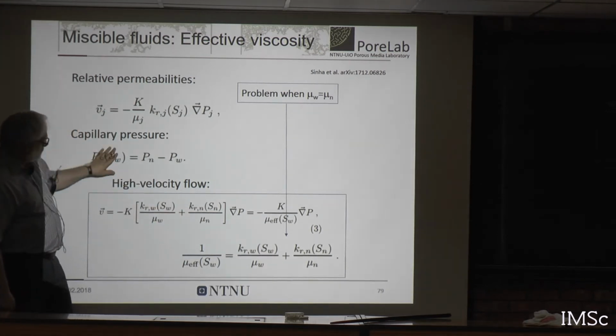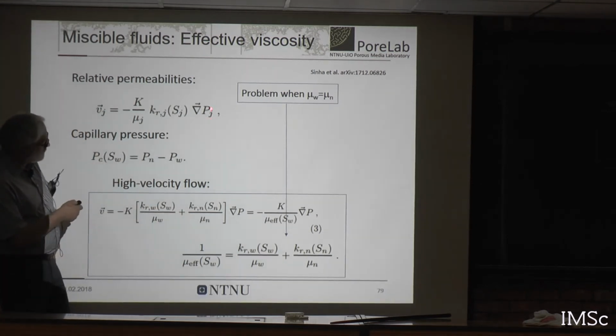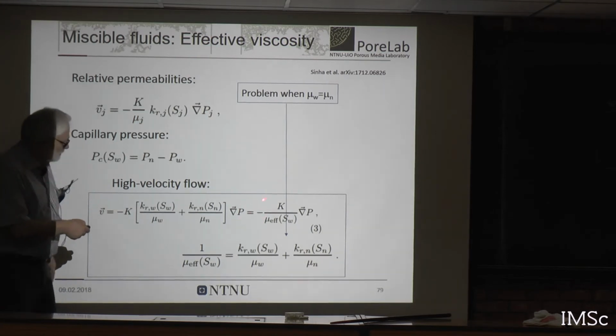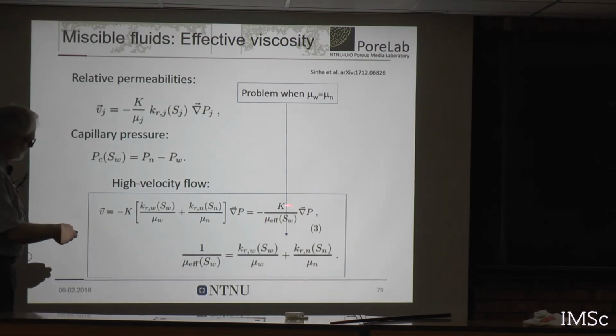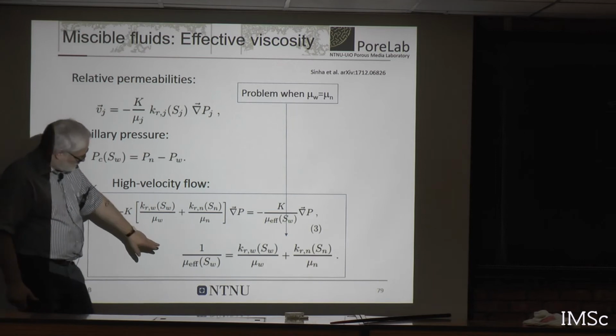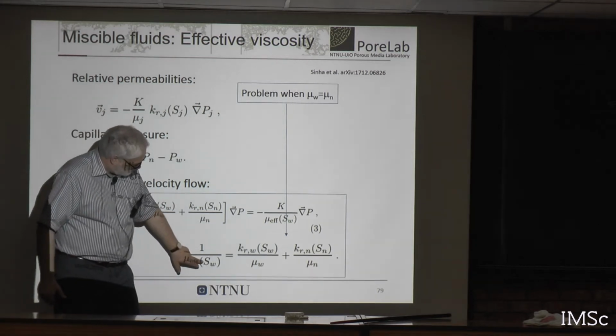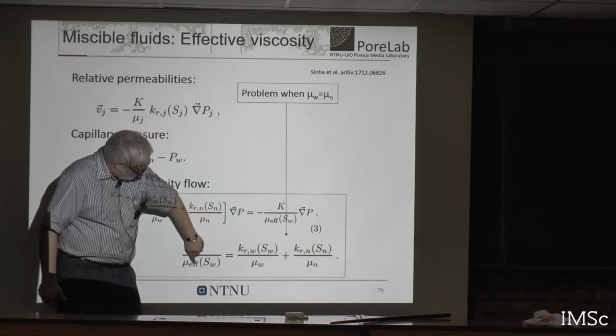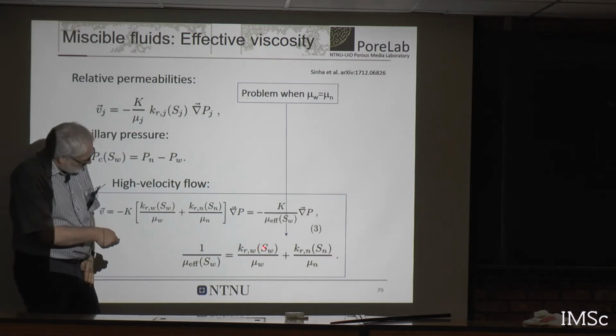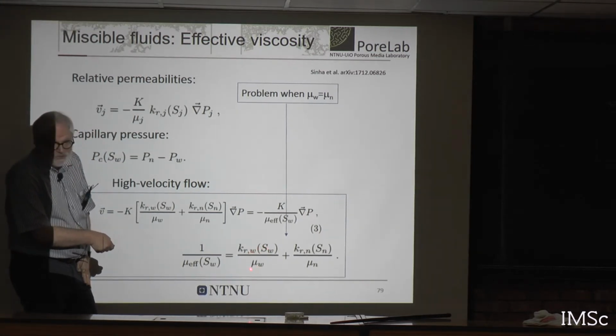And of course, this is 0, so the two pressures are the same. So that defines an effective viscosity for me. And what I find then is that the effective viscosity is a relative permeability of the wetting fluid over its viscosity plus this one.